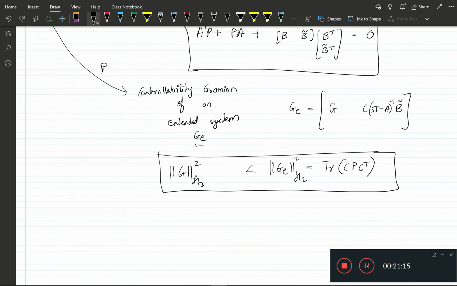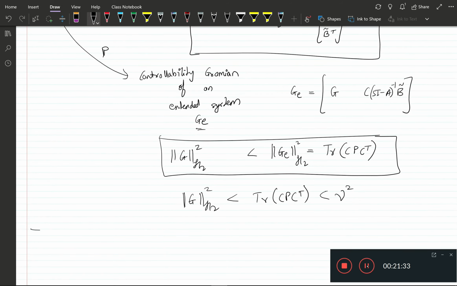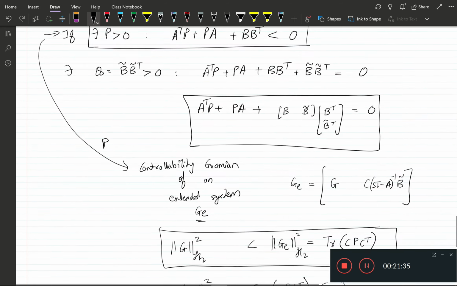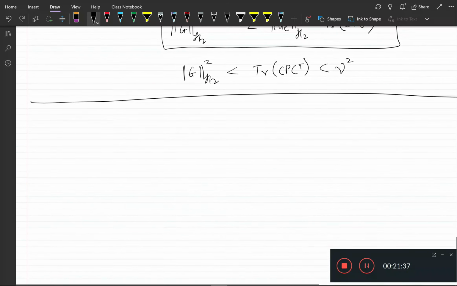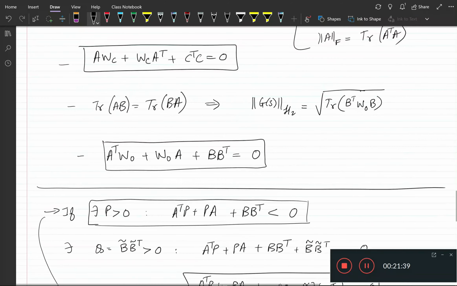So the H2 norm squared of G is less than the trace of C P C transposed, and if this is less than nu squared, then we also have that the H2 norm of G is less than nu. So that's the core idea behind this LMI.